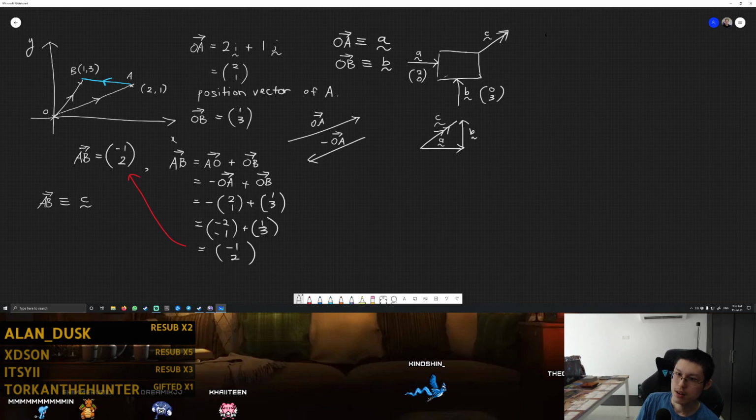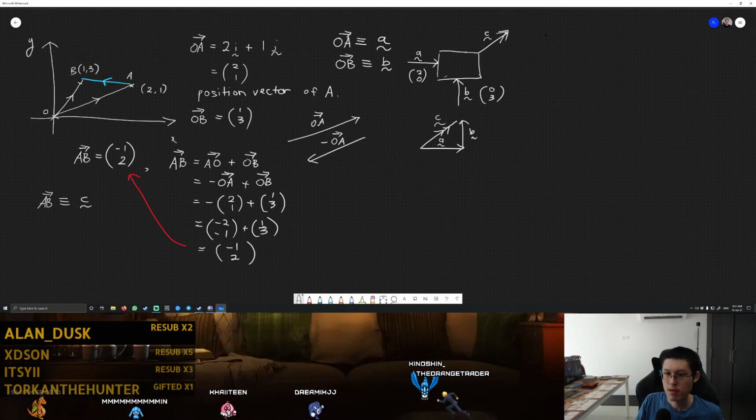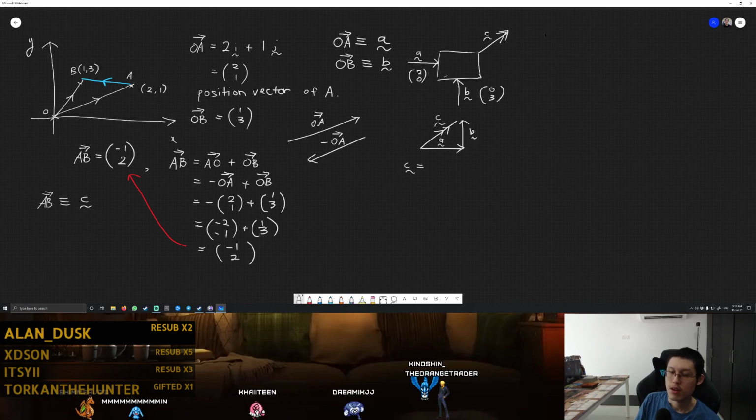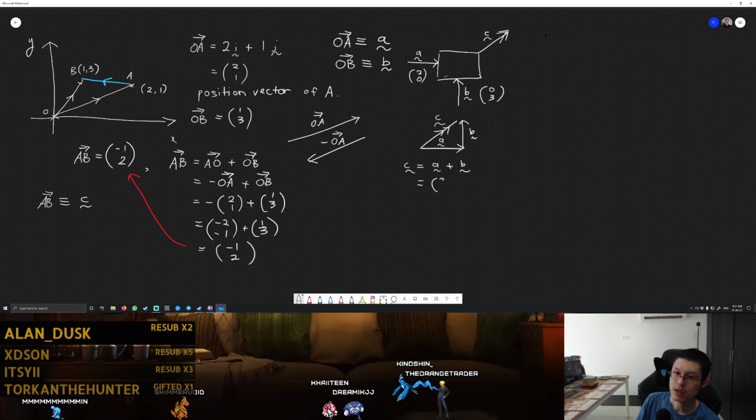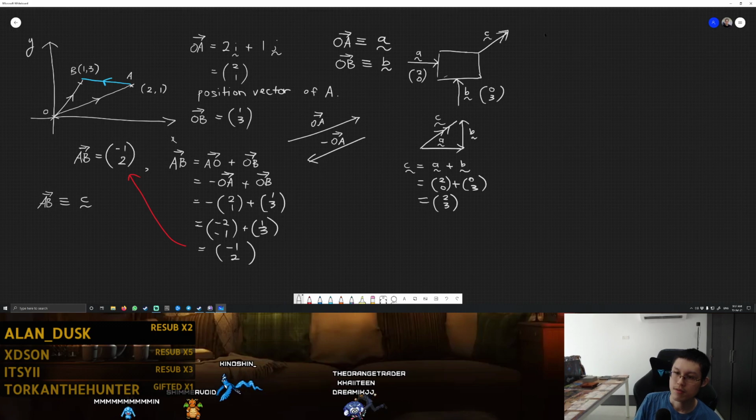All right. So what is C going to be? Well, C is actually A plus B. So A is (2, 0) plus B is (0, 3). So you get (2, 3). There you go.